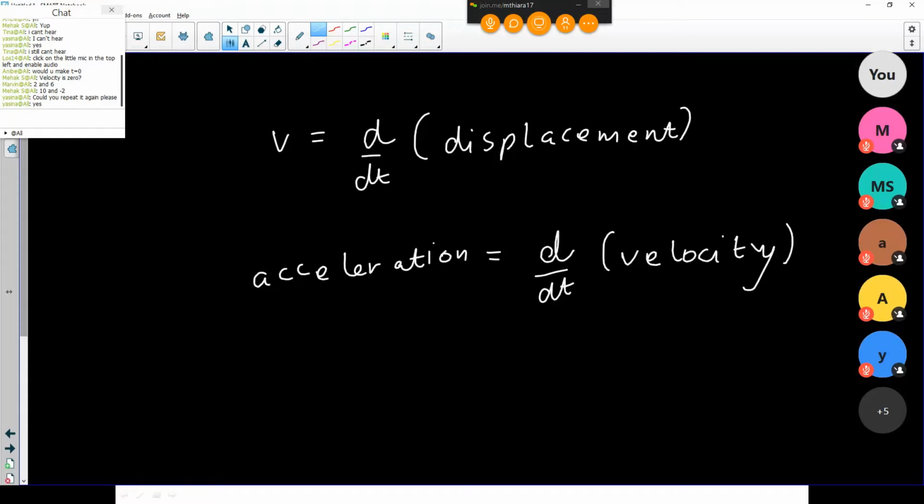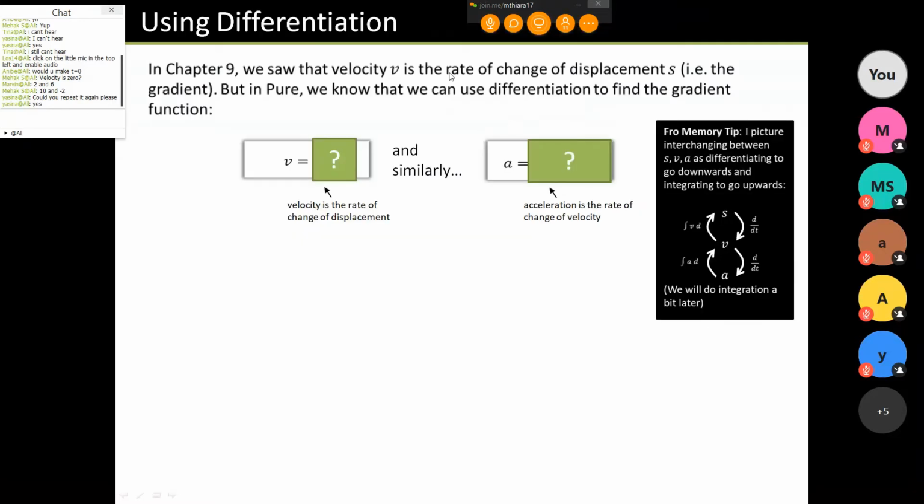Okay, now what if I wanted to go back up from acceleration to velocity? I would integrate, and if I wanted displacement, s would be the integral of v dt. That is what is summarized in this little memory tip.